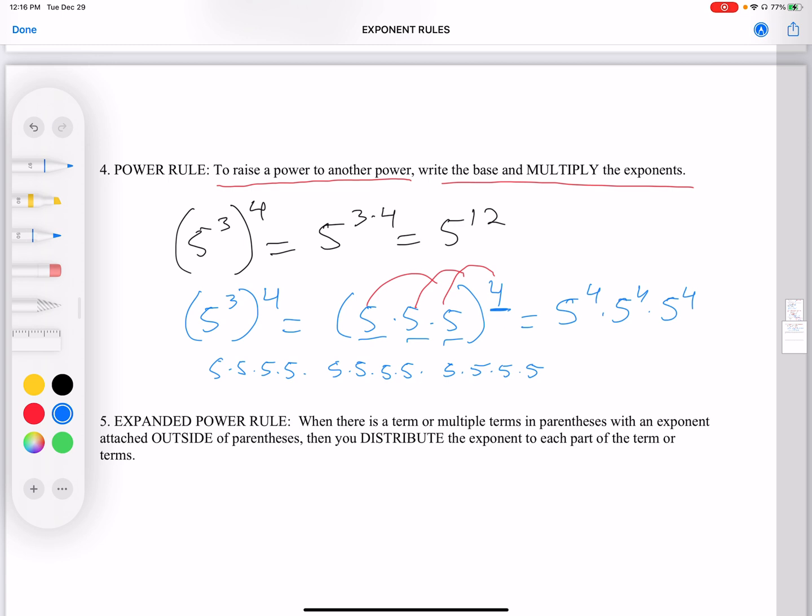We have 3 sets of 4 5s. 1, 2, 3, 4. 1, 2, 3, 4. That makes 8. 1, 2, 3, 4. That makes 12. This is 5 to the 12th power, just like we got up here. Okay? So if I have a power raised to another power, all I'm doing is keeping my base and multiplying my exponents.